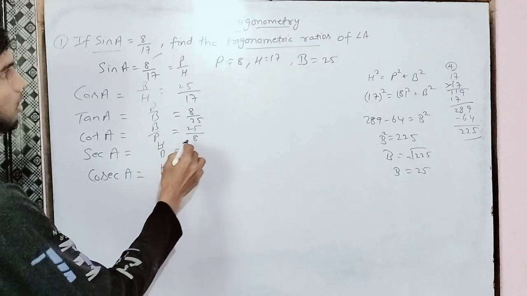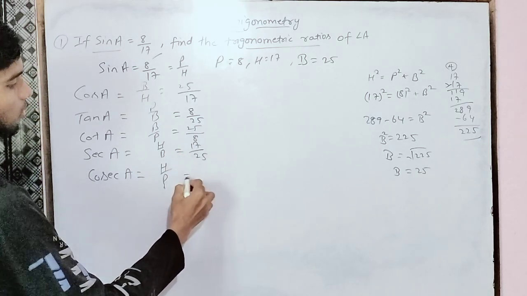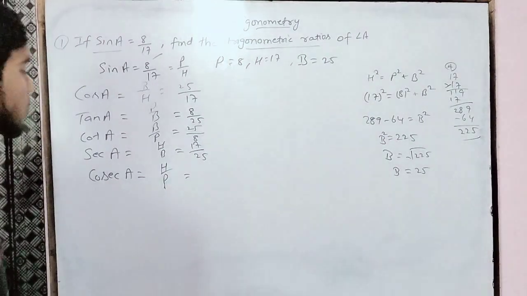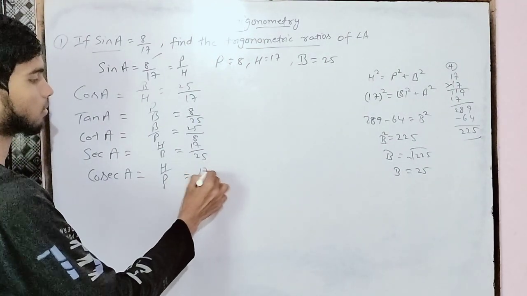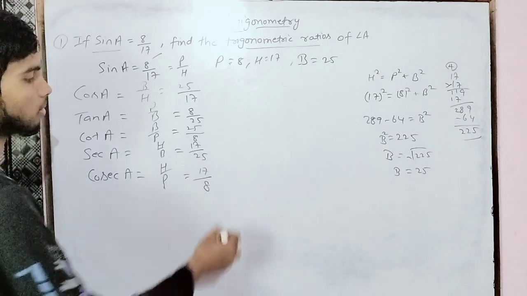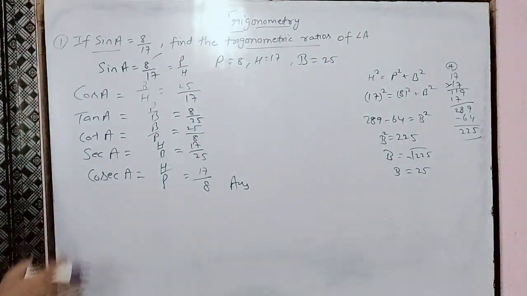Here H is 17 and B is 15. Okay, no problem. Now in this H is 17 and P is 8. That's all. This is the final answer. This is what the question was saying.